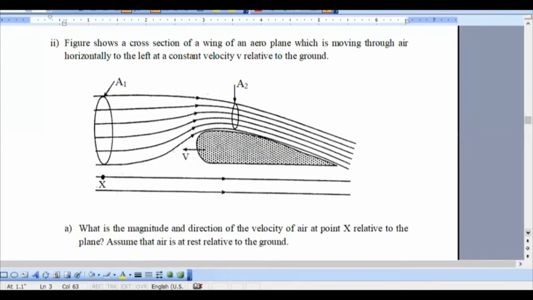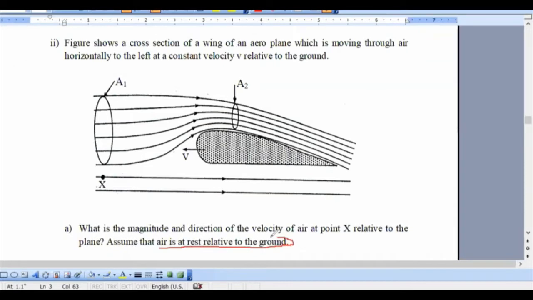What's the magnitude and direction of the velocity of air at point x relative to the plane? They have given a very important thing here. It is said that air is at rest relative to the ground.